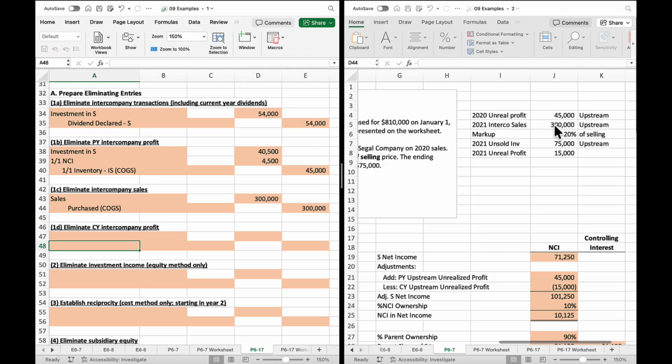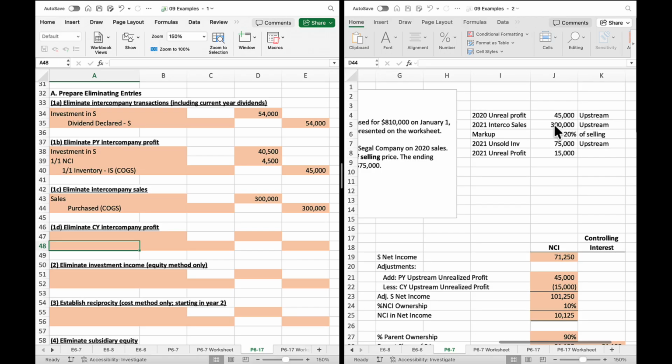And then finally, we are going to write down our inventory that is unsold. So the inventory that moved from our subsidiary to our parent, but has not yet been sold to an outside entity, we're going to write that back down to its value when our subsidiary purchased it. Again, this one doesn't matter if the parent uses the cost versus the equity method. It doesn't matter if it's upstream or downstream.